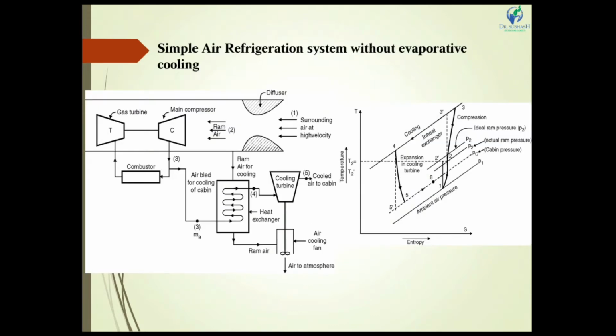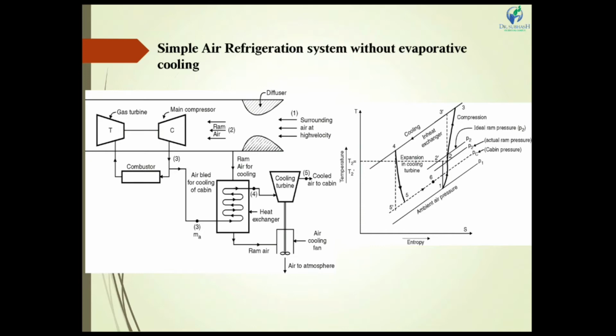This is the figure of the simple air refrigeration system without evaporative cooling. What is the meaning of evaporative cooling, with and without? With evaporative cooling, we apply more cooling effect after the condenser process. That is called with evaporative cooling.